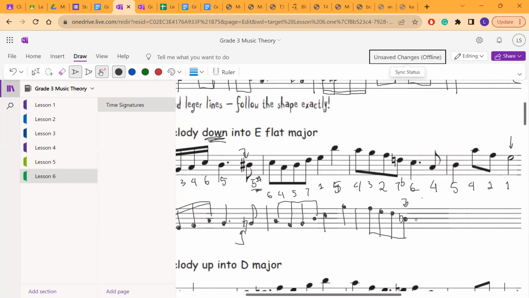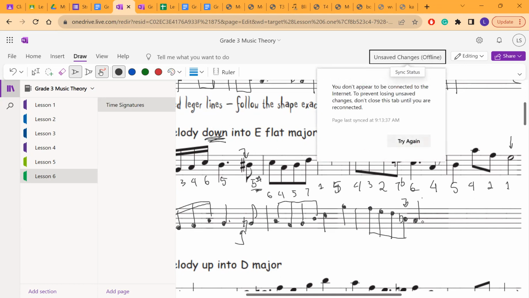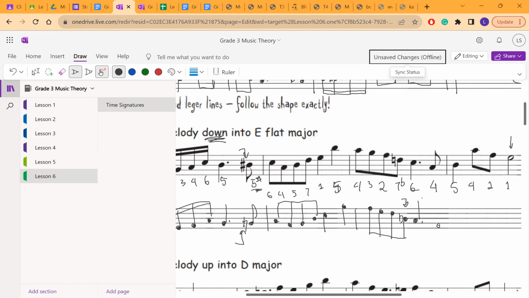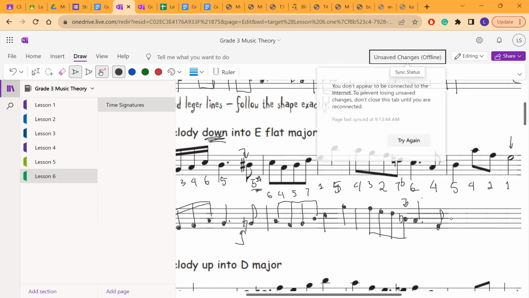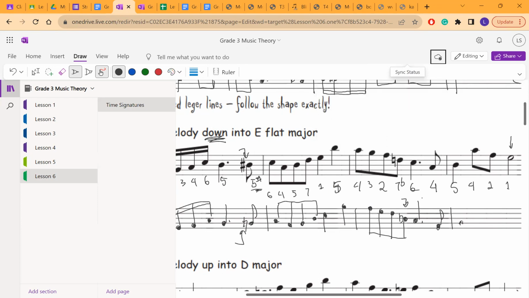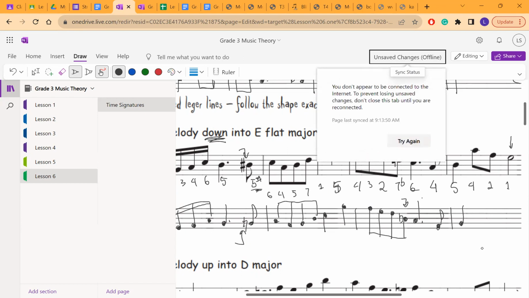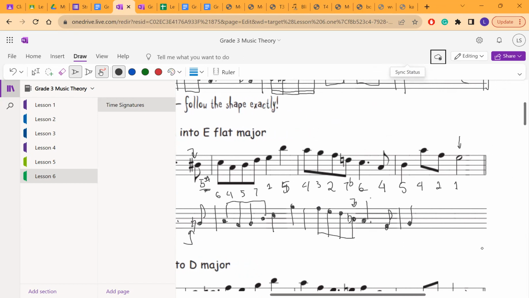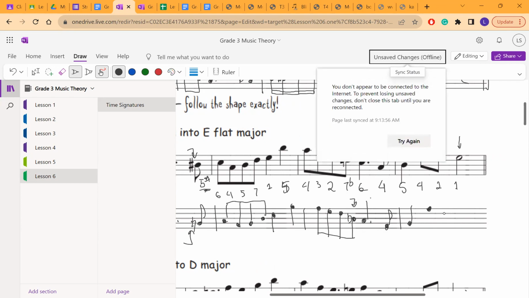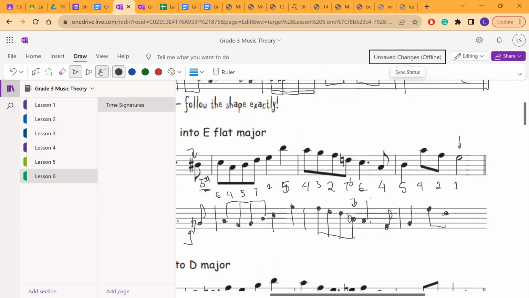So here, that's a flat. Okay, everyone understand the process for transposition? It takes a bit of time. It always does.